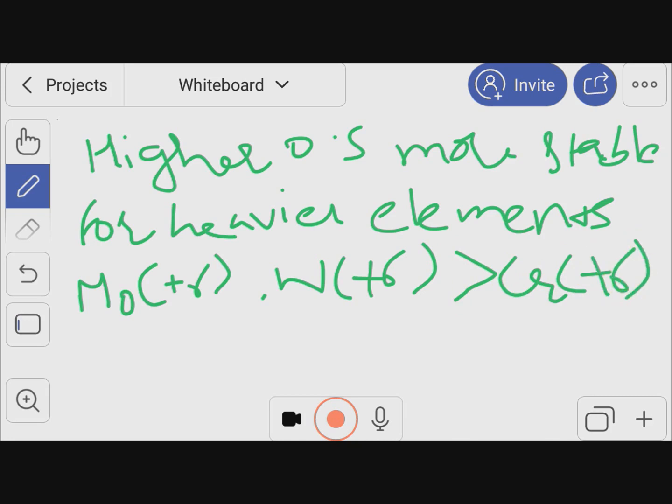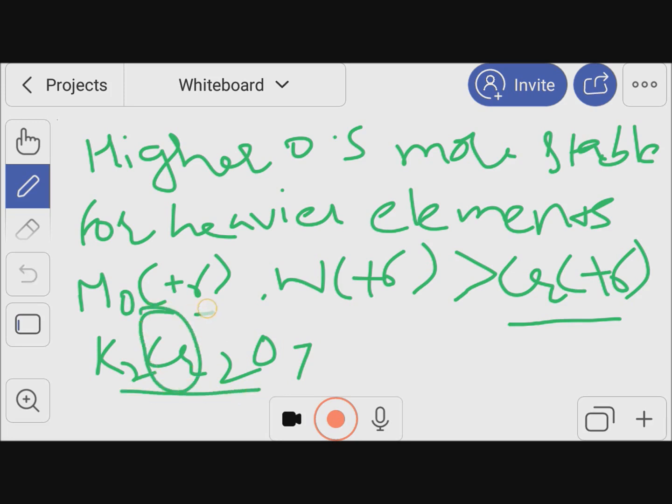and this is the reason chromium is present as dichromate in potassium dichromate, K2Cr2O7, in which chromium is present in the +6 oxidation state and which is a strong oxidizing agent.